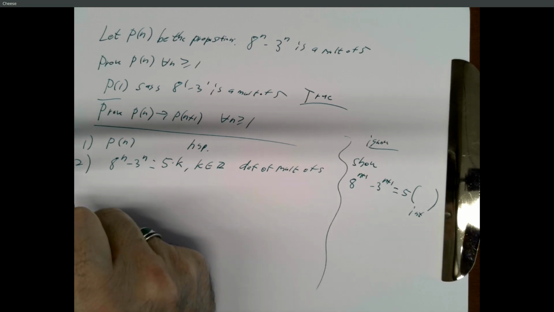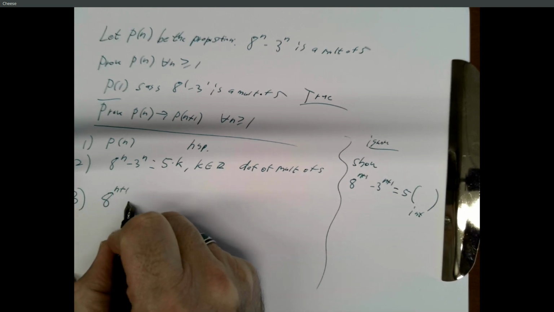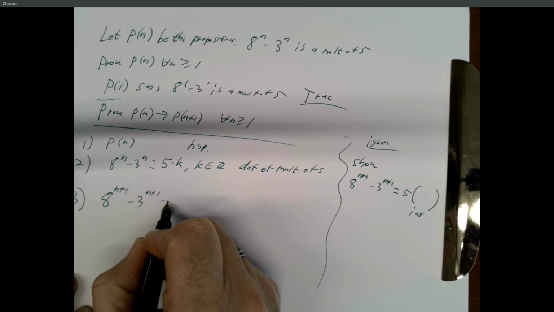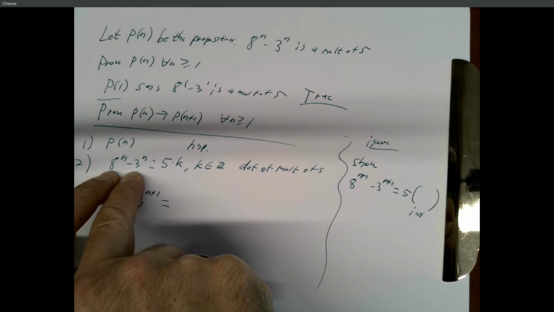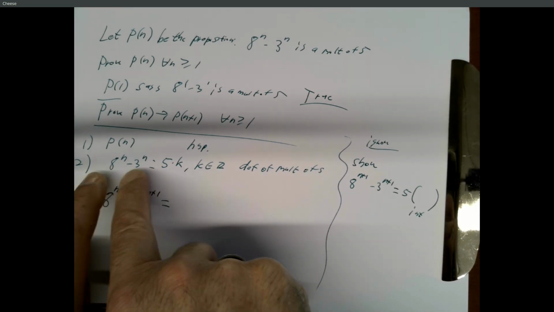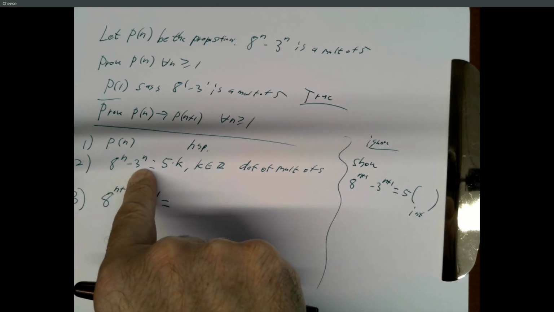And so my suggestion here is, right, we want to show that's equal to 5 times an integer. The only thing we know is that this is equal to 5 times an integer. Can we somehow rewrite this to look at least partially like that?